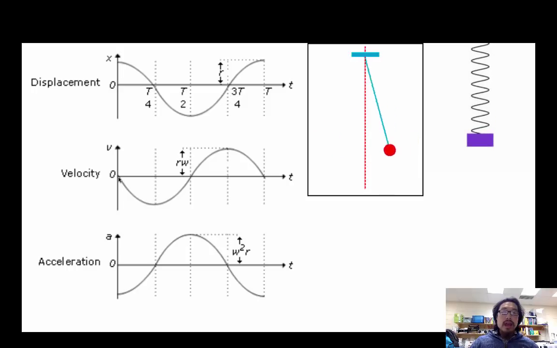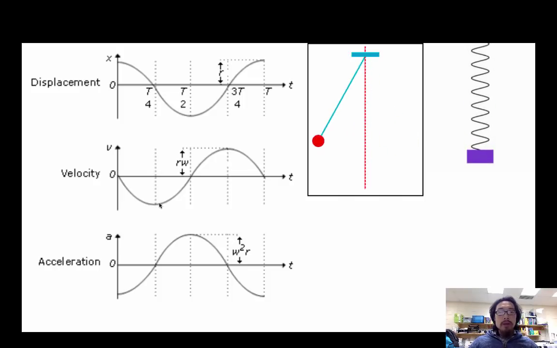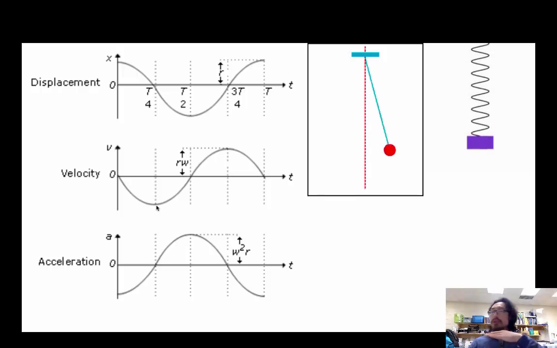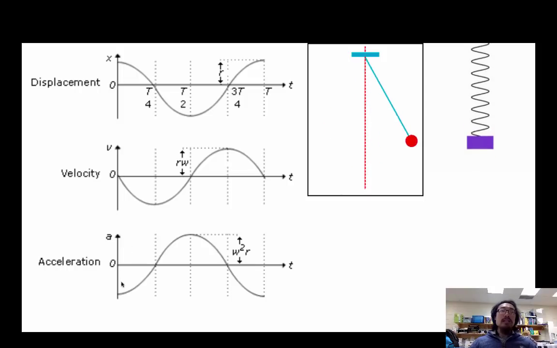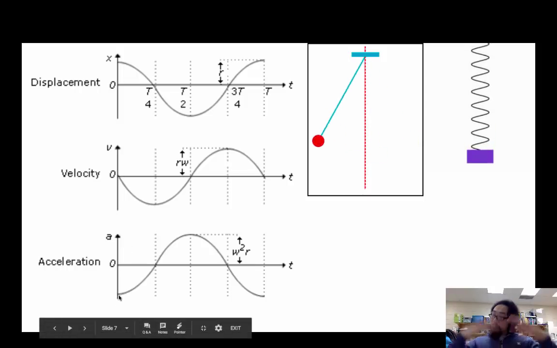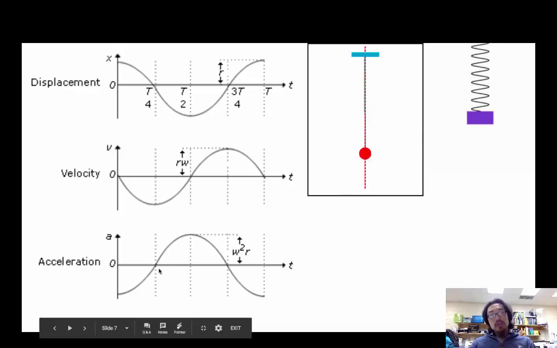If we were to compare time 0 versus right here, at that point the slope is a flat line, so there is no slope, versus the very beginning where it has the greatest slope. So we can see that the acceleration goes from a maximum value and eventually turns into 0 acceleration.